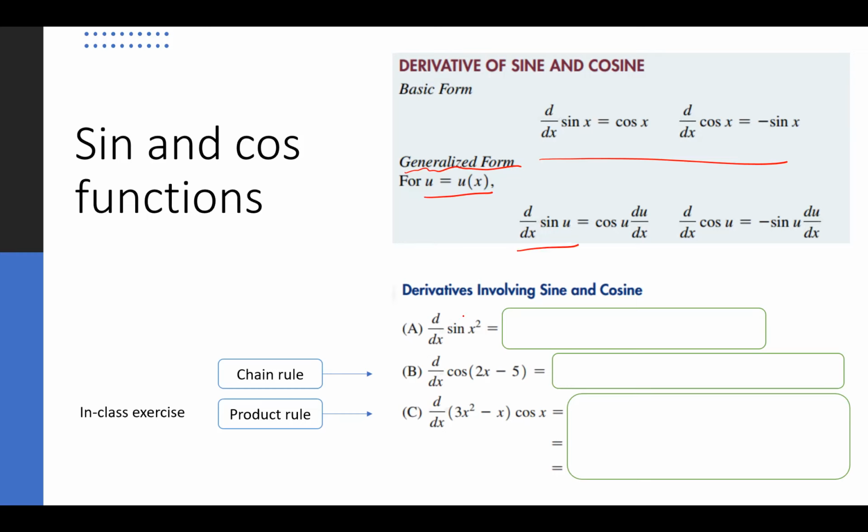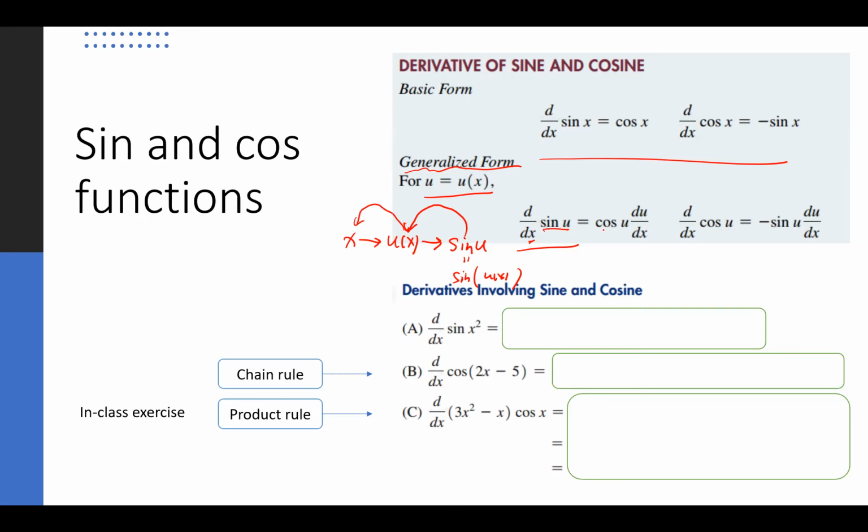Now, when we take the derivative of sine of u with respect to x, it means x goes through u of x, then u becomes the variable of the sine function, sine of u, or we can express this as sine of u of x. So this is a series of functions applied here. When that happens, we need to take the derivative of each one: the derivative of sine u with respect to u, and the derivative of u with respect to x, step by step.